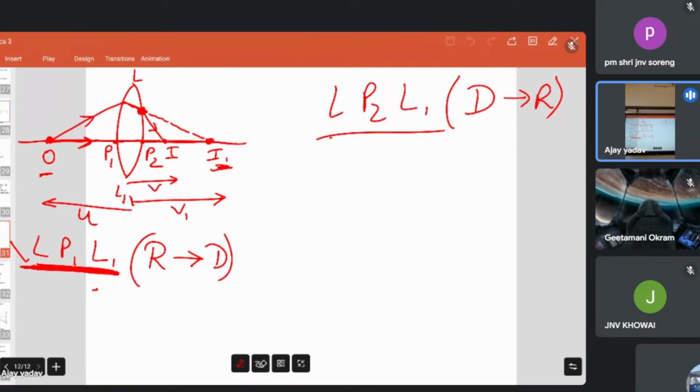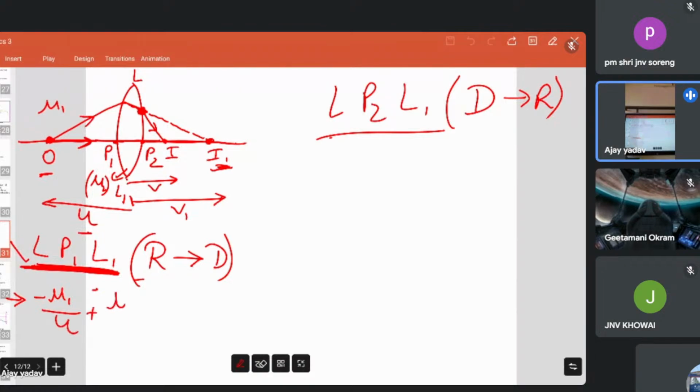We will write similarly in case of a concave lens. For the first surface, rarer to denser, consider the refractive index of the rarer medium is mu1 and of the lens is mu2. So we write minus mu1 by u, where u is the object distance, plus mu2 upon v.